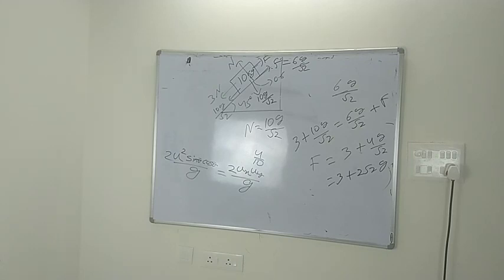Okay, question number 5. The minimum force required to start pushing a body up a rough inclined plane is F1, while the minimum force needed to prevent it from sliding down is F2.